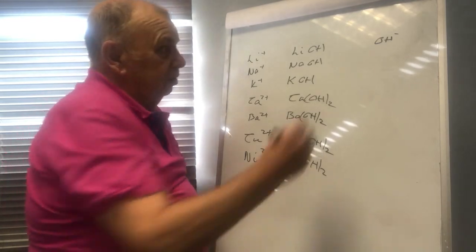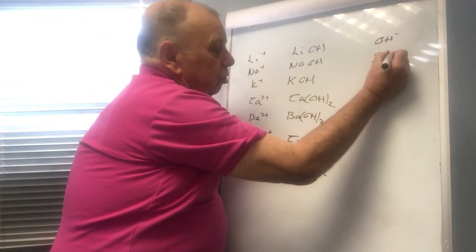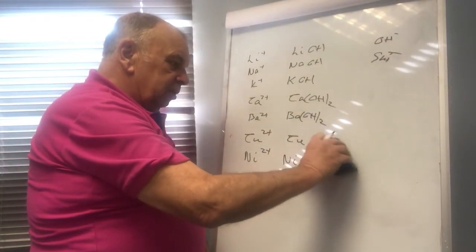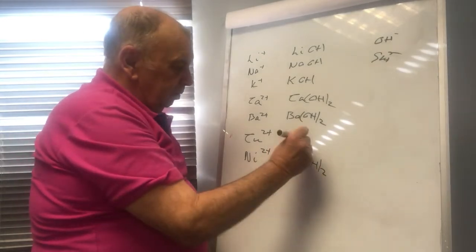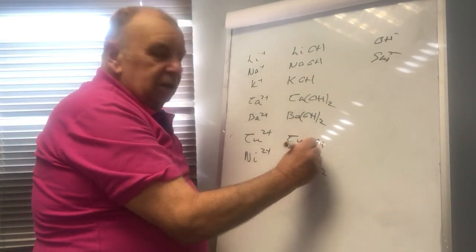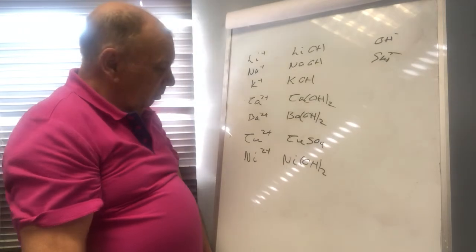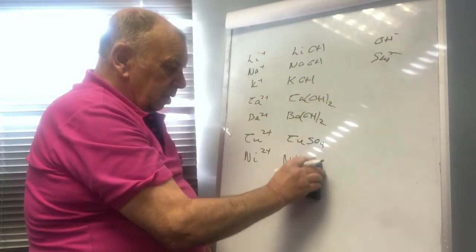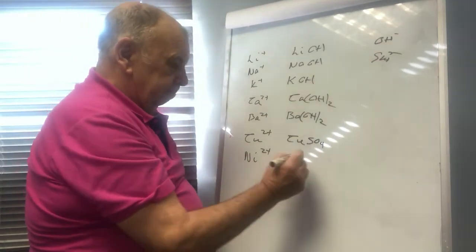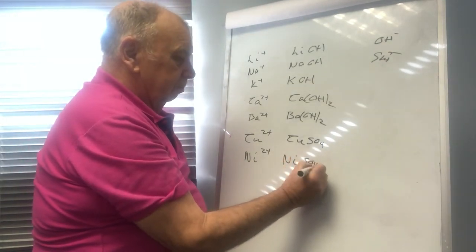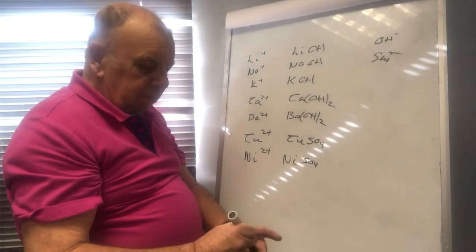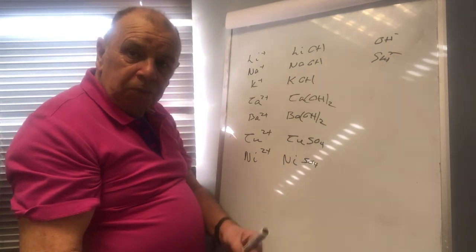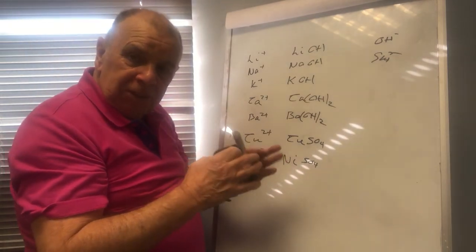Copper sulfate, SO4 2-, copper's 2, therefore copper 2 sulfate is CuSO4. Nickel sulfate, nickel's 2, sulfate's 2, so it's NiSO4.